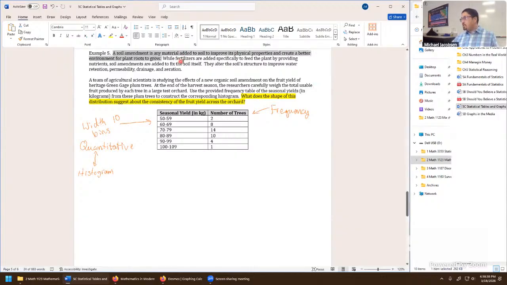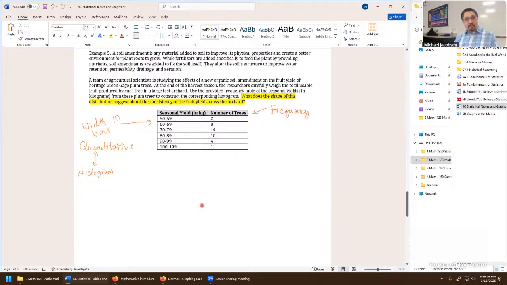So fertilizers are added specifically to feed the plant by providing nutrients. Soil amendments are added to fix the soil itself. So this part of the context is saying, when we say soil amendments, we're not thinking of adding Miracle-Gro necessarily. We're trying to put something into the soil itself to help the plant. They alter the soil's structure to improve water retention, permeability of the roots, drainage, which some plants require great drainage, some plants require less drainage, and aeration.